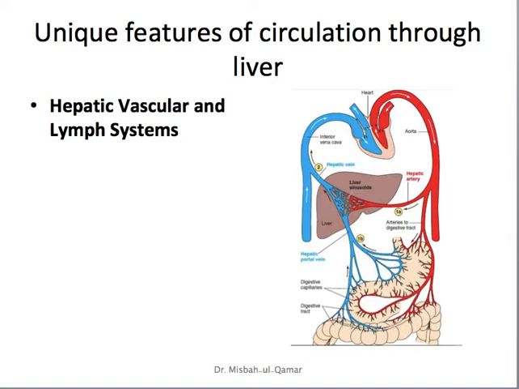Well, the unique features of circulation through liver lie in the hepatic vascular and lymph systems. You see, blood flows through liver from the portal vein and hepatic artery. And the liver has high blood flow and low vascular resistance.